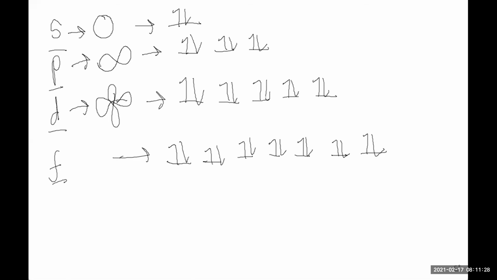There are 4 quantum numbers, and then we'll go back to electron configuration and see how everything relates to one another.